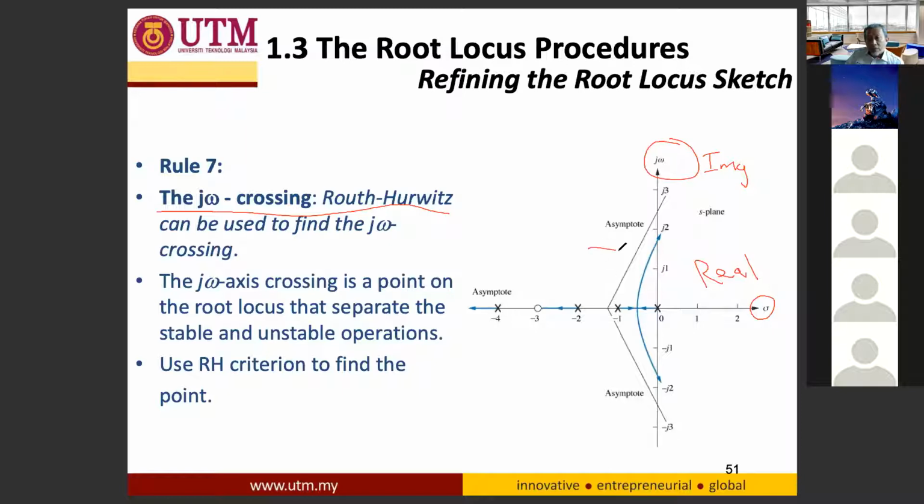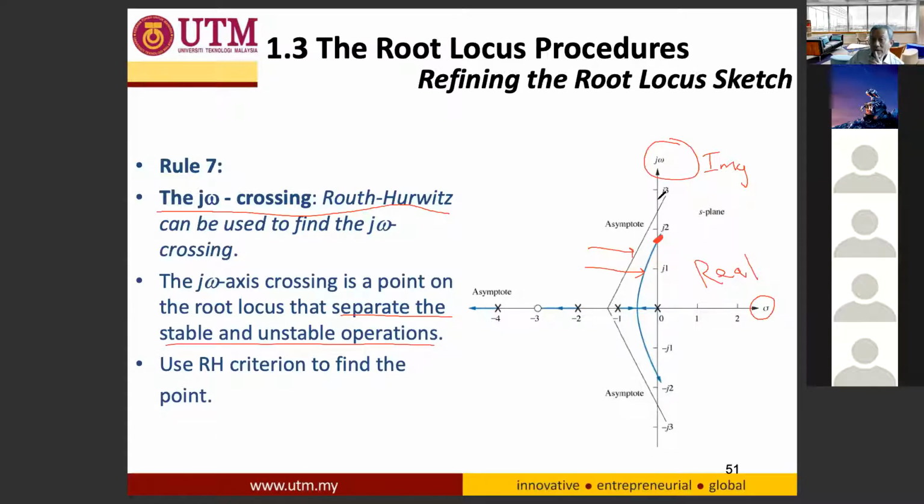Okay, so this is your asymptote line. This is your root locus line. So the crossing intersections between the root locus and the imaginary axis can be calculated using the Routh table method. The imaginary axis or j omega axis crossing is a point on the root locus that separates the stable and unstable operations.